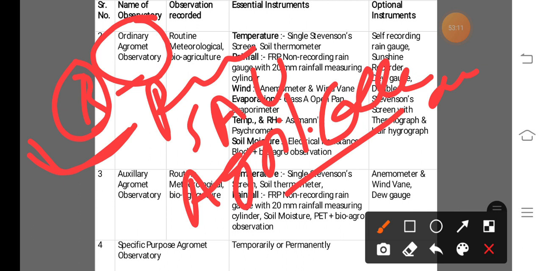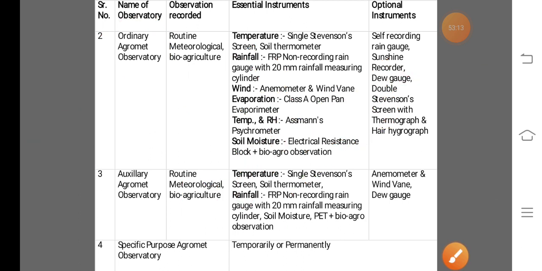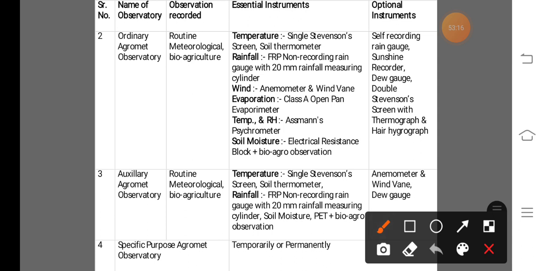In case of the B type observatory, routine meteorological, bio and agricultural observations are recorded, that means different weather parameters, insects and different crop characteristics are recorded. And for the ordinary agromet observatory, that means B type, the essential instruments are, for measurement of temperature, a single stimulation screen including dry bulb, wet bulb, maximum and minimum thermometers.